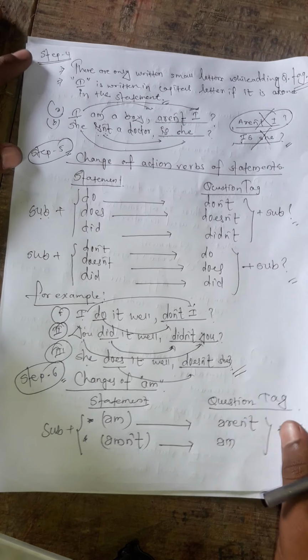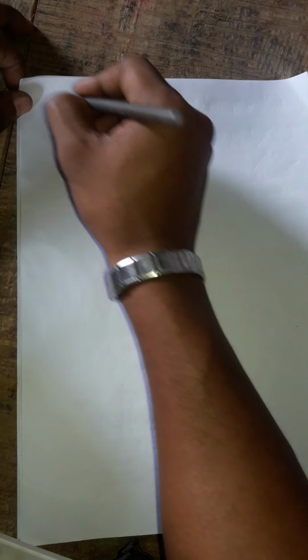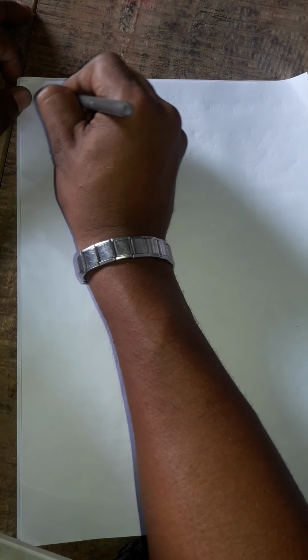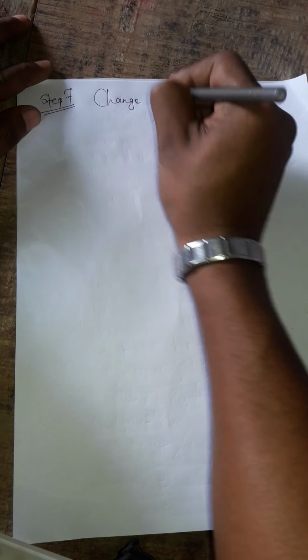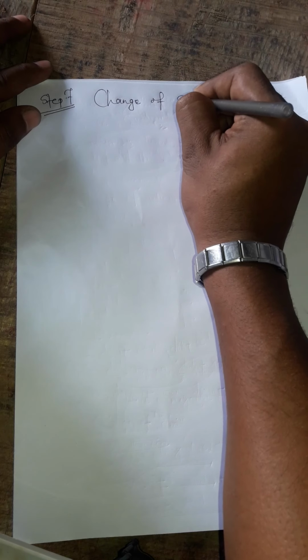It is the most important step. Step 7 that I'm going to teach you is a must and very important. In step 7 I'm going to teach you the change of imperative sentence. Change of imperative sentence.